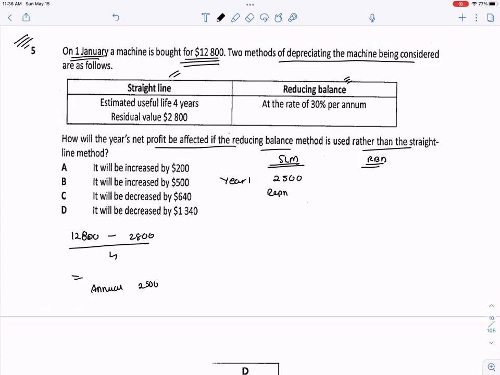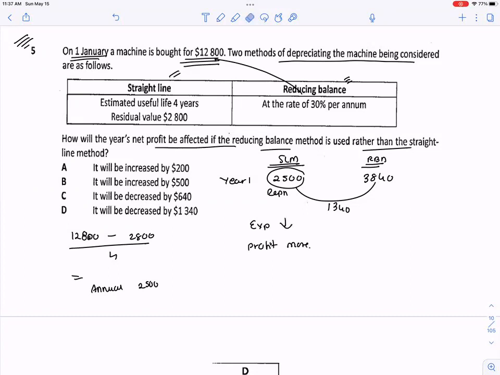No, 12,800 into 30%, right? 3,840. What is the difference? 1,340. So if I charge by straight line method, my expense would be under cost and profit would be more.